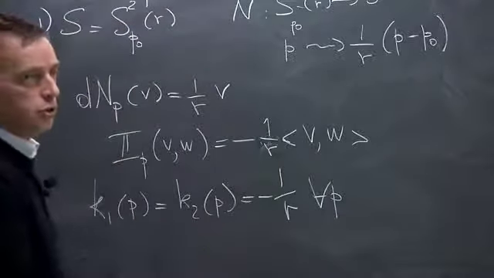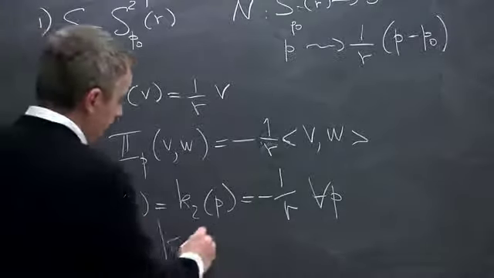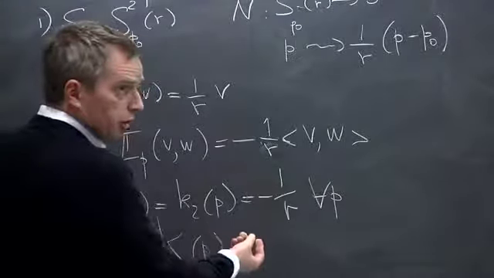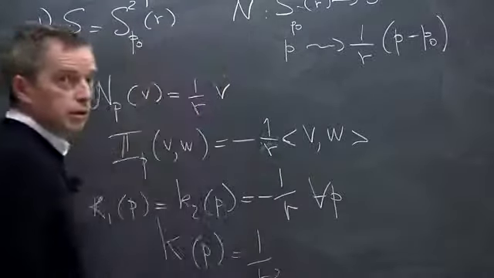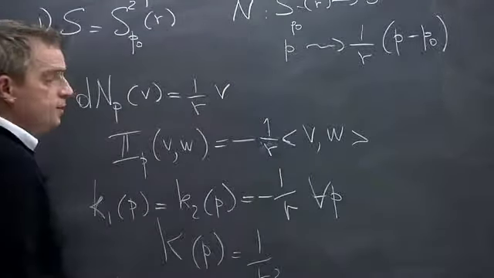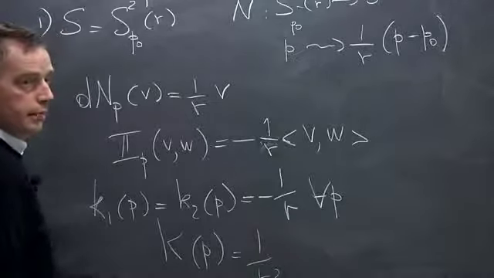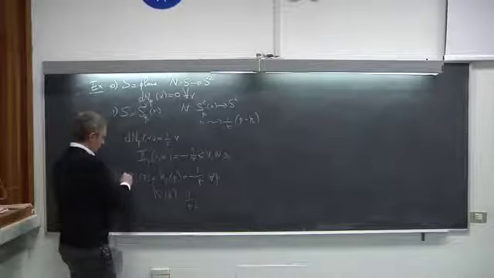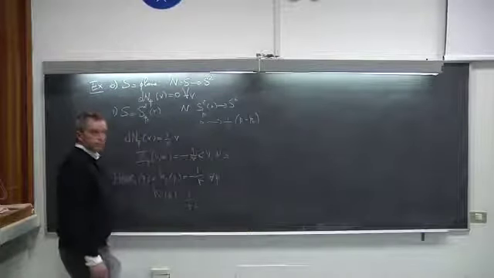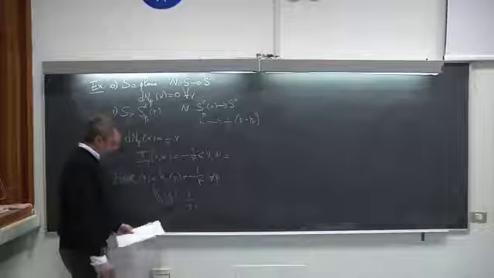So, of course, what is the Gauss curvature? It's the product, so it's 1 over r squared. What is the mean curvature? The mean of the two, it's the same. It doesn't change.